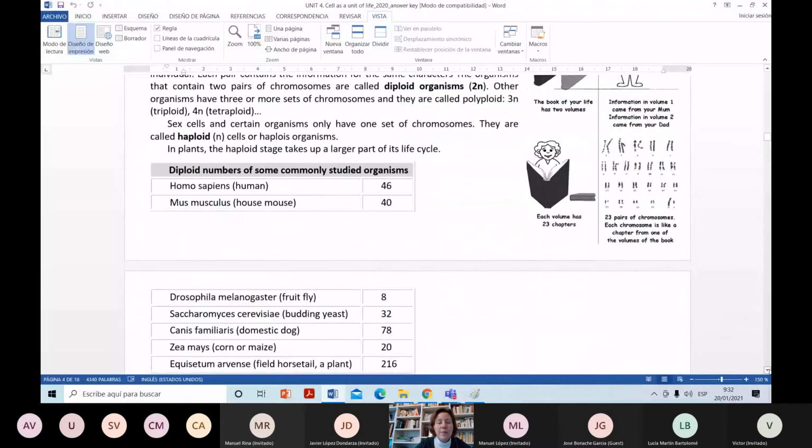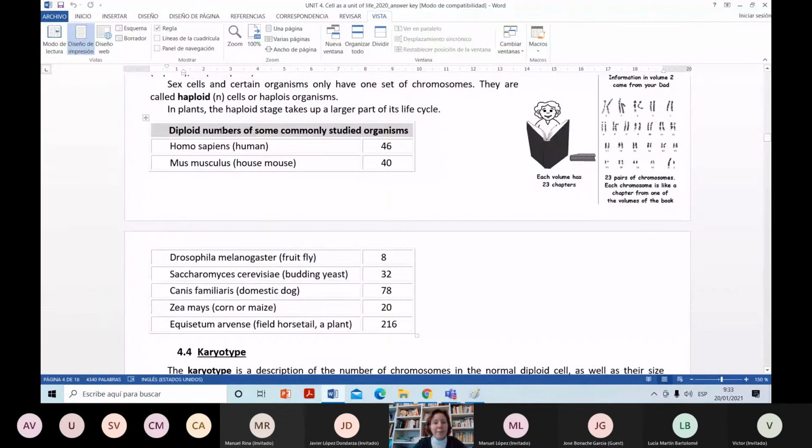You've got here that Homo sapiens, so humans, have 46 chromosomes in every cell, apart from the gametes. So in cells in your skin, your heart, your liver, any organ, including your gonads.